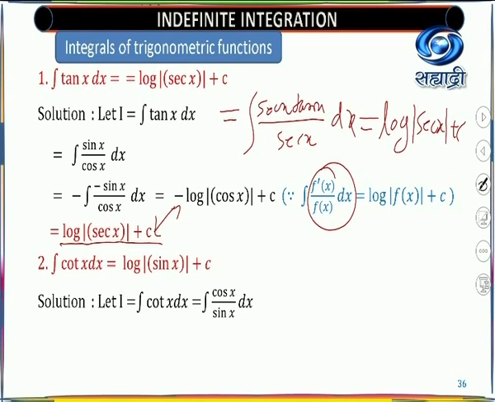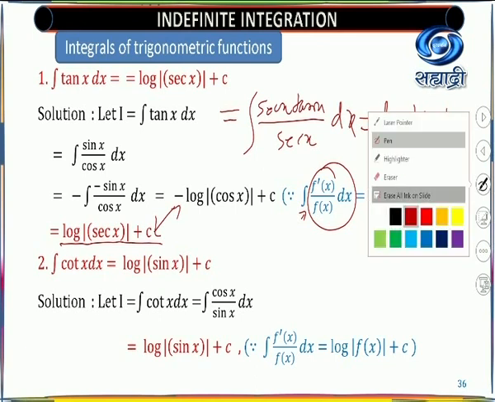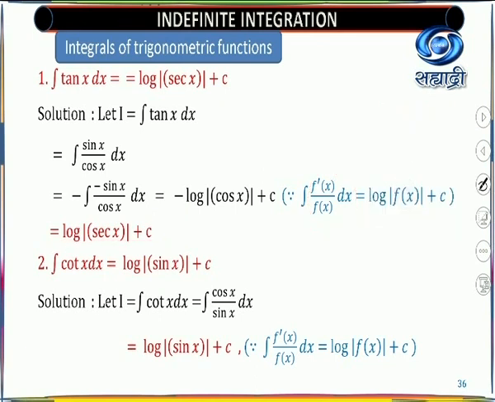Okay, derivative of sine is cos means you are again using this identity, that is f dash x upon fx. So immediately you are able to write this as log of mod of sine x plus constant of integration, using the identity f dash of x upon fx. Okay, so here we are completed with our two functions tan x and cot x.